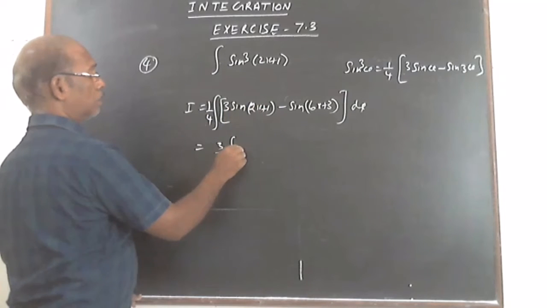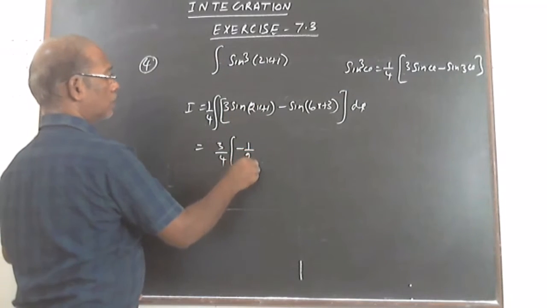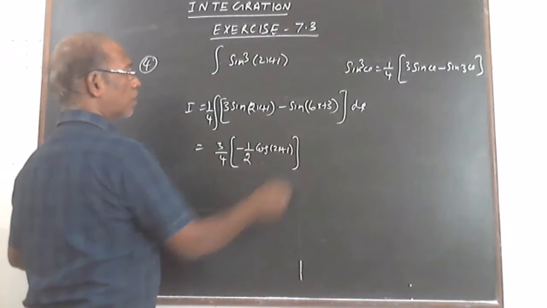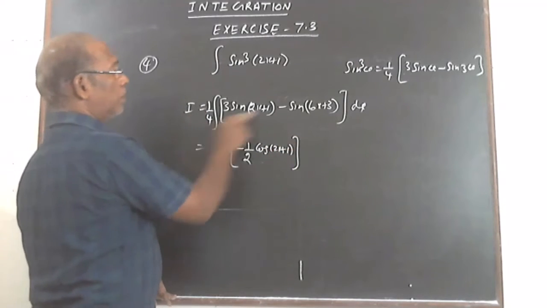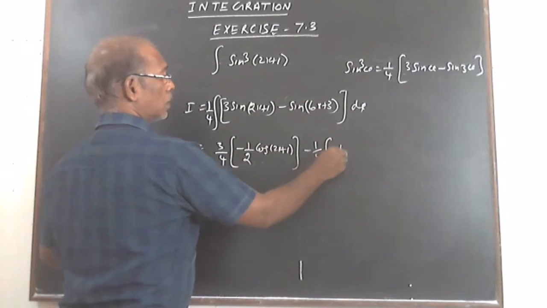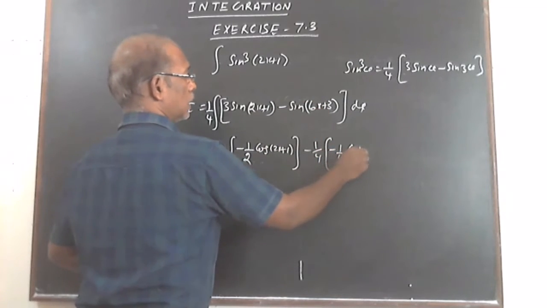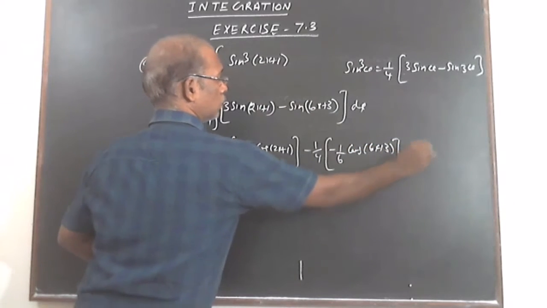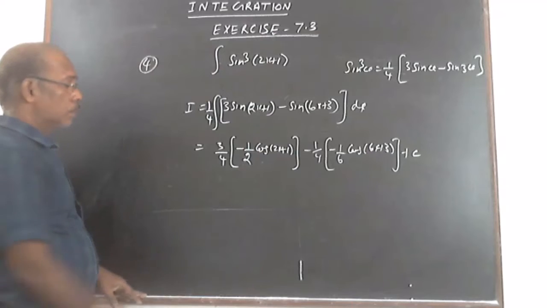Let us integrate now. 3 by 4 times the integral of the first term, minus 1 by 2 cos of (2x plus 1), correct? Then minus 1 by 4, integral of this, minus 1 by 6 cos of (6x plus 3), with the integral constant.